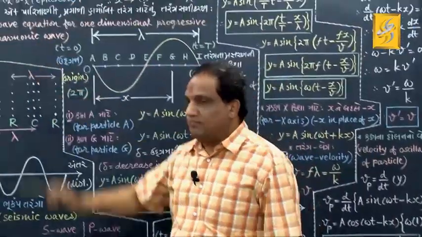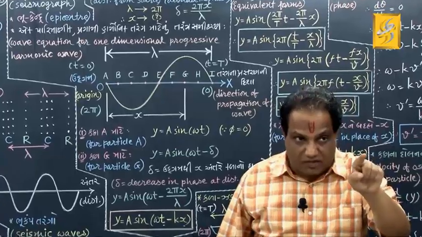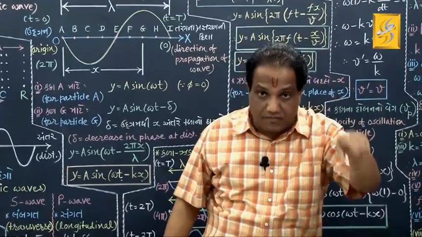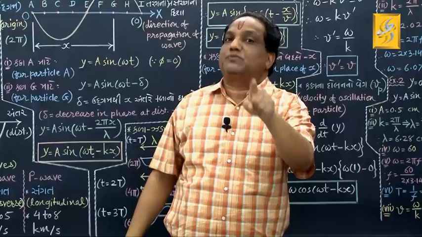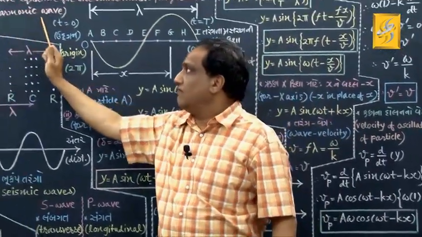What about harmonic wave? During the propagation of a wave in a medium, if particles of that medium start performing simple harmonic motion about their respective equilibrium positions, then that wave is called a harmonic wave.